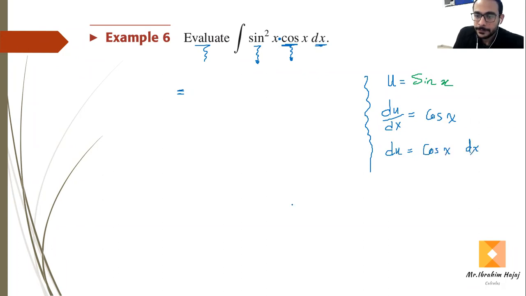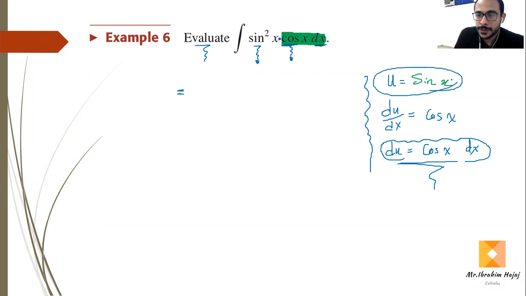So cosine dx. There is something here you can do quickly that will be easier: replacing cosine x dx entirely by du. Yes, by du. So du equals cosine x dx, and u is sine x.